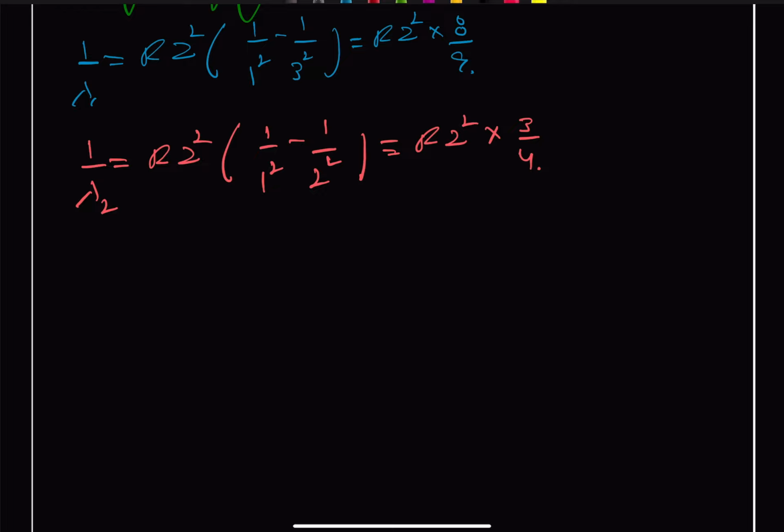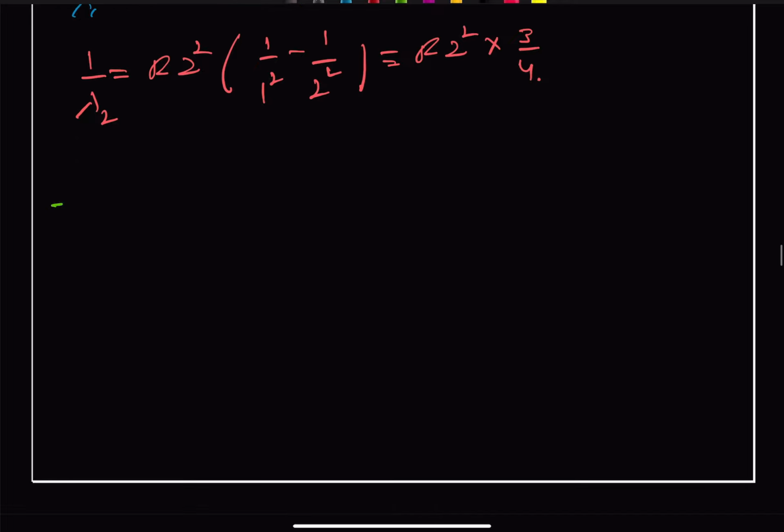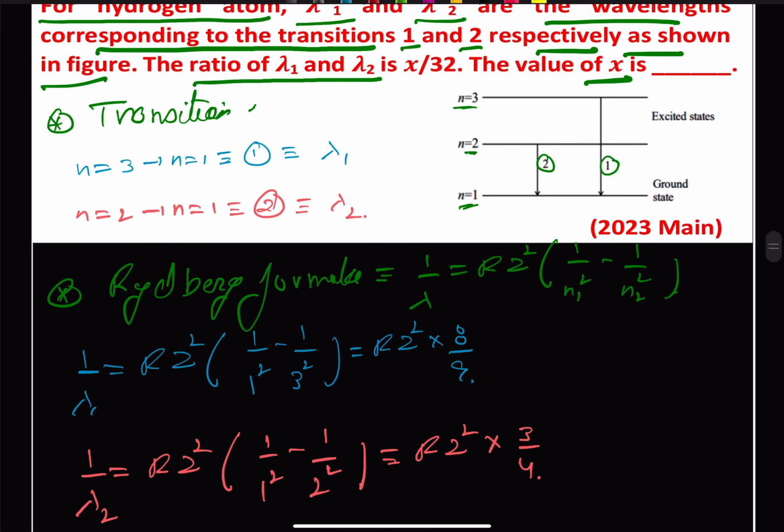And we take the ratio. The ratio is for lambda 1 by lambda 2.